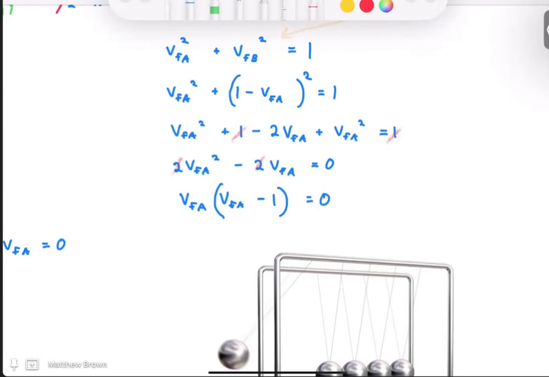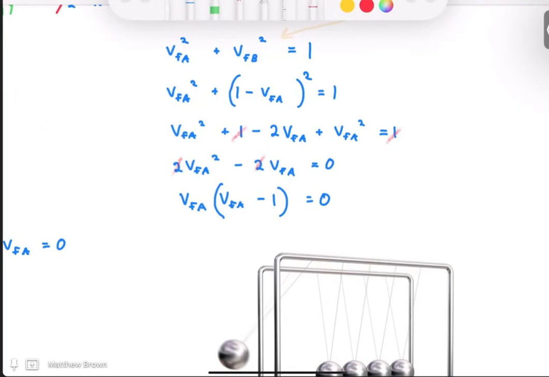That gives me technically 2 solutions for V final A: 0, because that would be this one here, and positive 1. Then I have to look at what that really corresponds to. So 0 would basically mean it stops in its tracks.